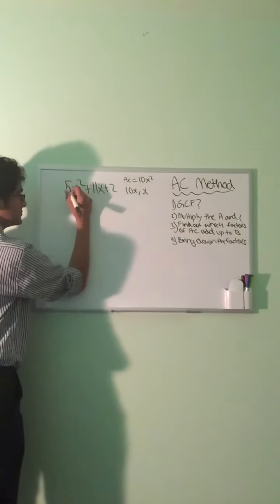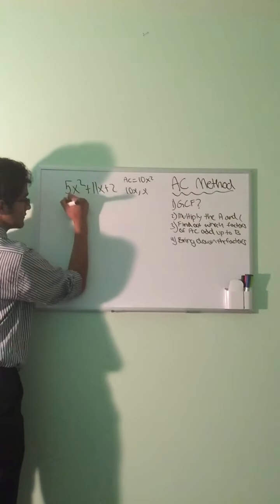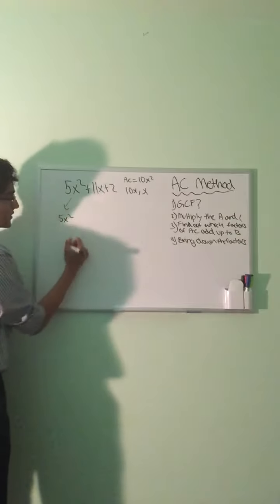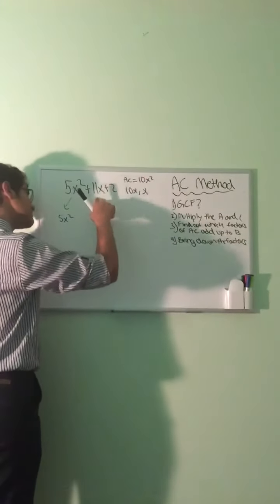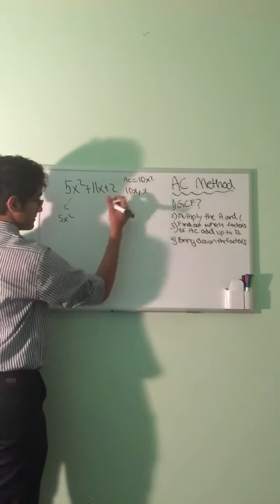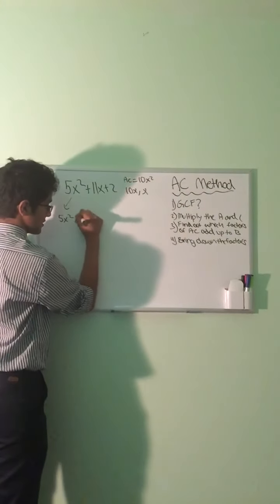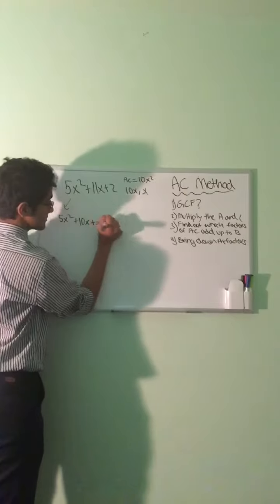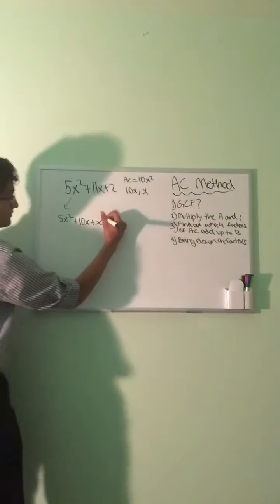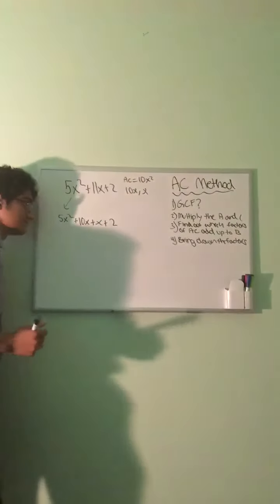So you bring down 5x squared right here. Instead of bringing down 11x, you bring down the factors of AC, which would be plus 10x plus x. And last but not least, you bring down the plus 2.